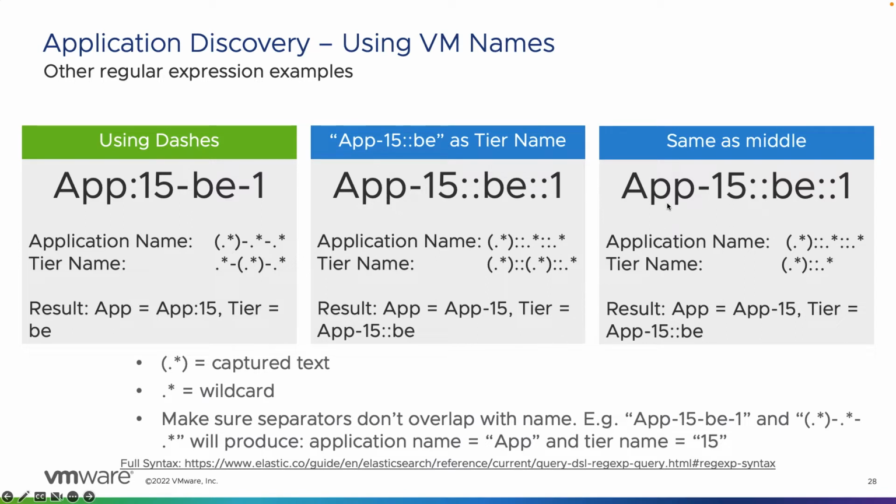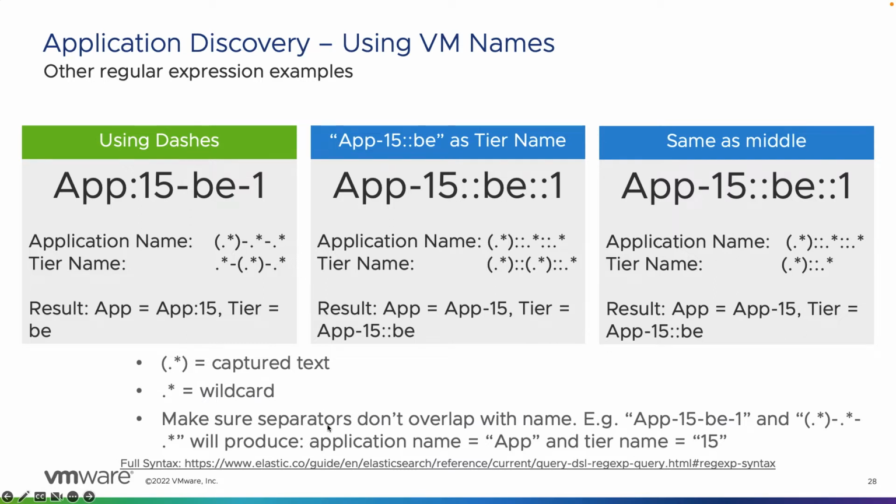This is also reporting in regards to being same as middle. So this is going to show the application name and then the application name regular expression and then the tier name and how that would be broken out from the result. Keep in mind also that this is representing the captured text. So when you see in the brackets here a period, asterisk, and then also without the bracket, it's going to be utilized as a wildcard.